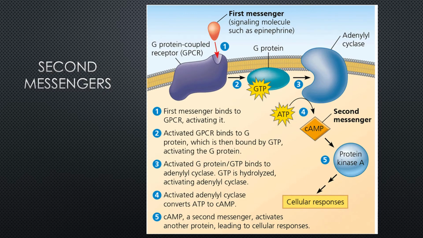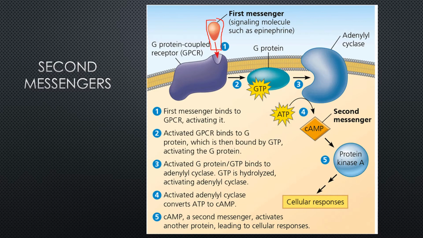Okay, so let's talk about using secondary messengers. In this particular one, we're also looking at the G protein coupled receptor. So our first messenger, or our ligand, is going to bind the G protein coupled receptor molecule.